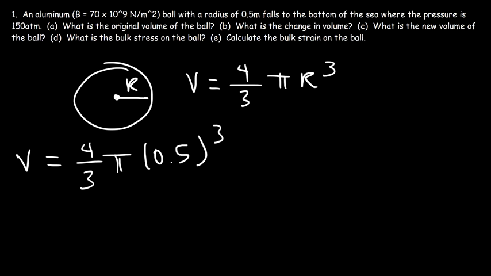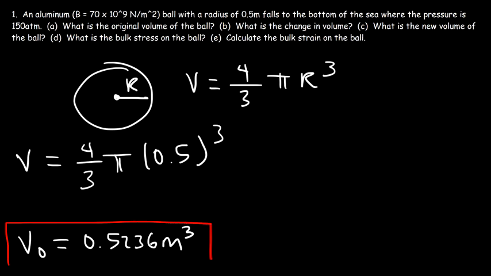So this is going to be 4 pi times 0.5 raised to the third power divided by 3. So the original volume of the sphere before we put it into the sea is 0.5236 cubic meters. Now part B. What is the change in volume?